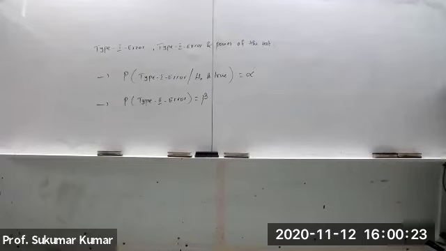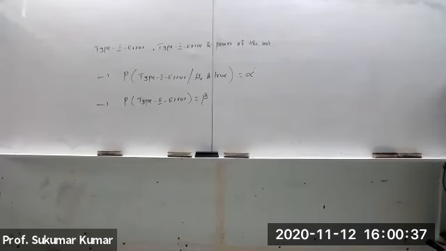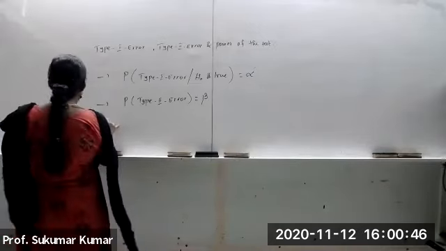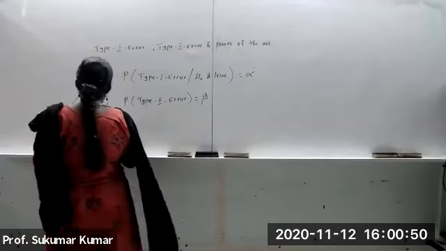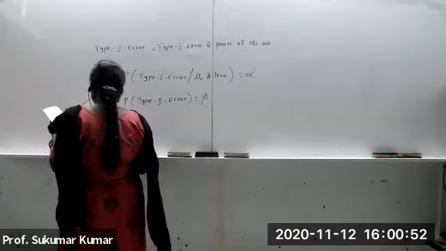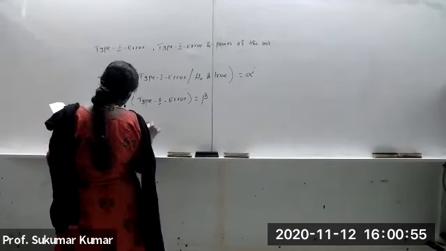Next, the power of a test is the probability of rejecting the null hypothesis given it is false.